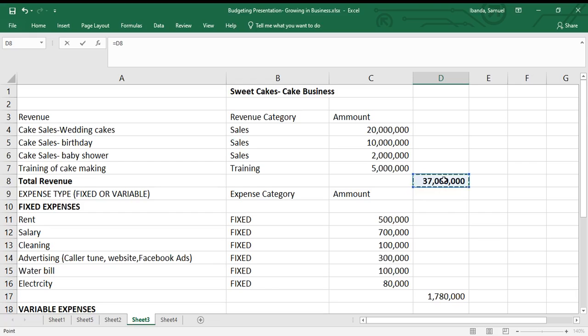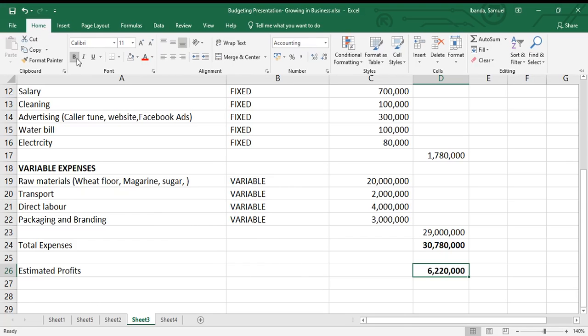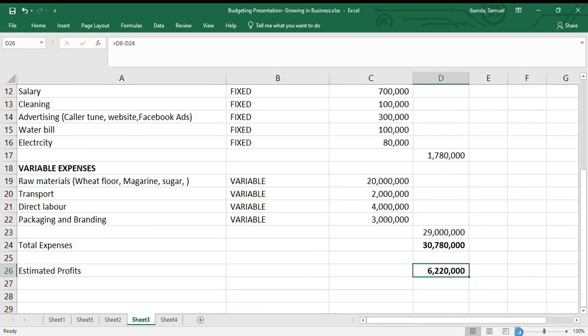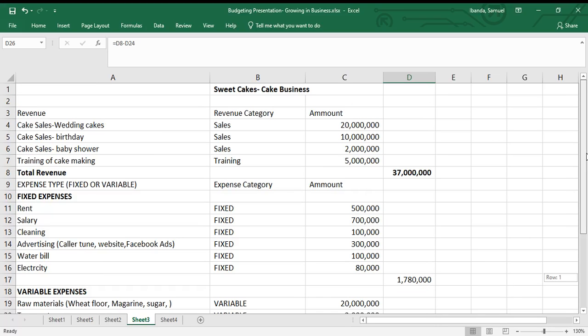So I'll get this amount, and go less this amount. Mine is 6,220,000. What this would mean is that this is what I estimate to get as my profit from this sale.